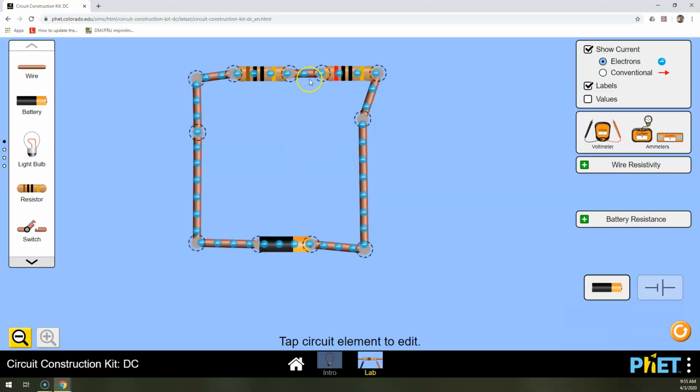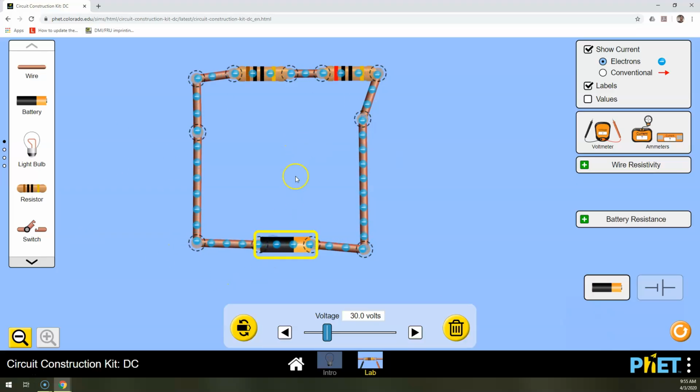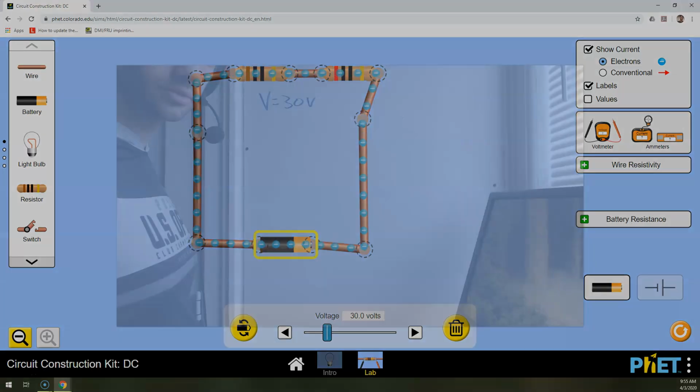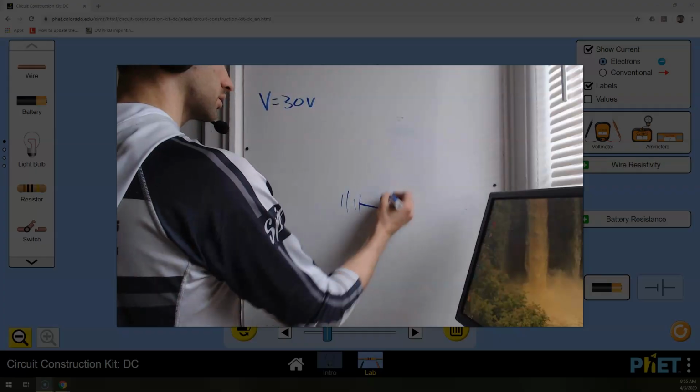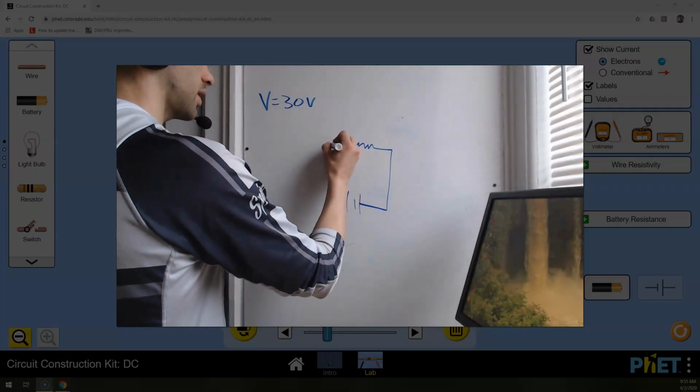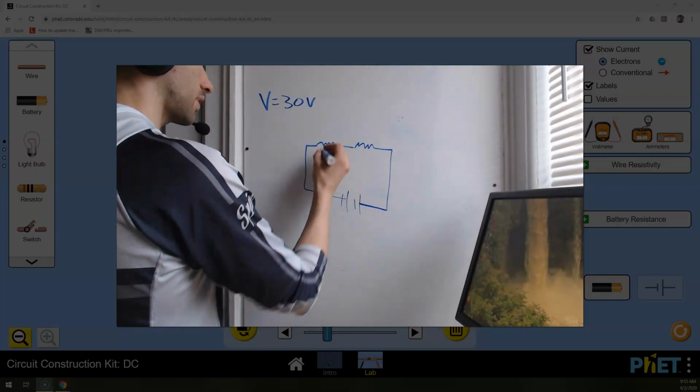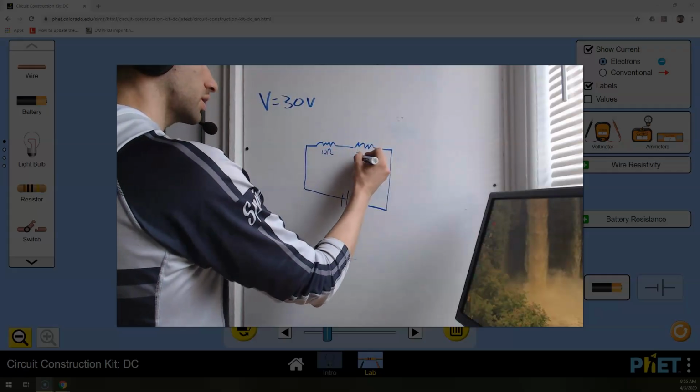So first of all, what should we do? We should take our total information and find what we can. So I know that my total voltage is 30 volts. And by the way, I'll draw this on the board and we'll solve it. So I've got my battery, I've got a 10 ohm resistor, a 20 ohm resistor.